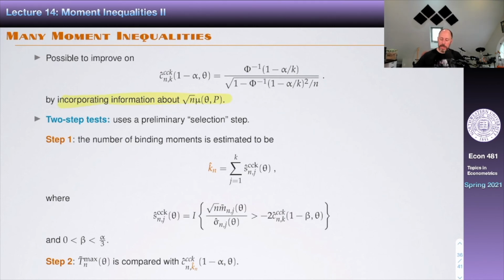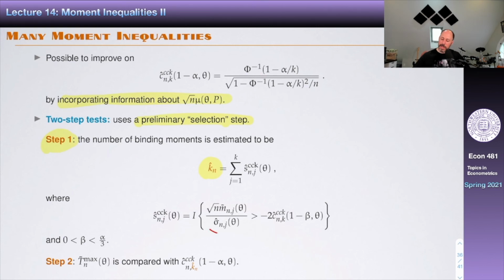So step 1, what you do is you estimate kappa hat, I'm going to call it here, which is how many of the moments are binding. And what are the binding moments? Those where you're looking at square root n bar sigma greater than some critical value. Is this the same as the GMS?